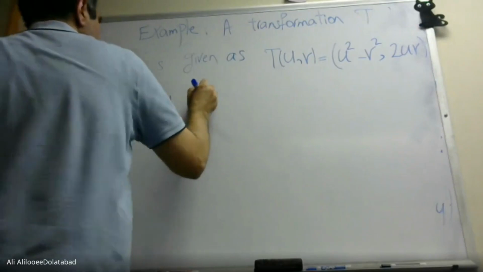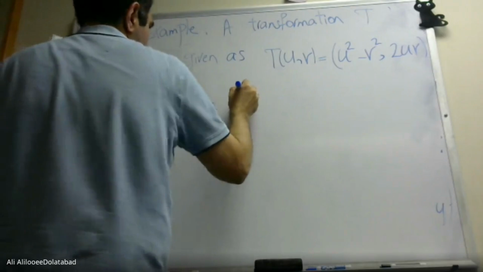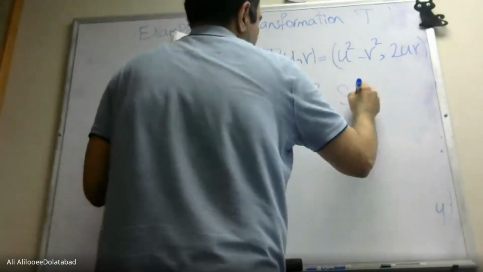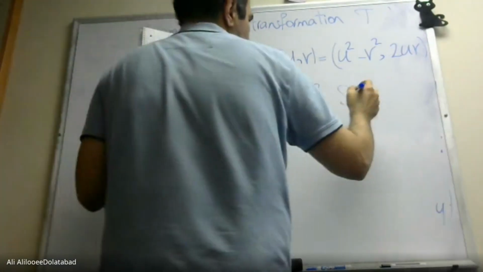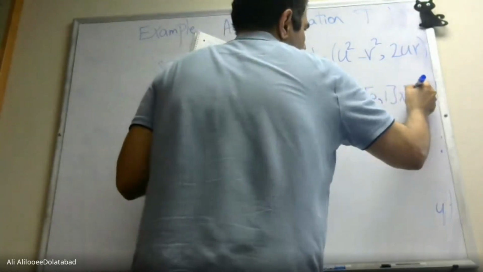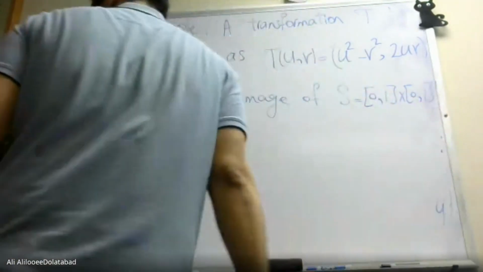Find the image of S equal to [0,1] times [0,1].